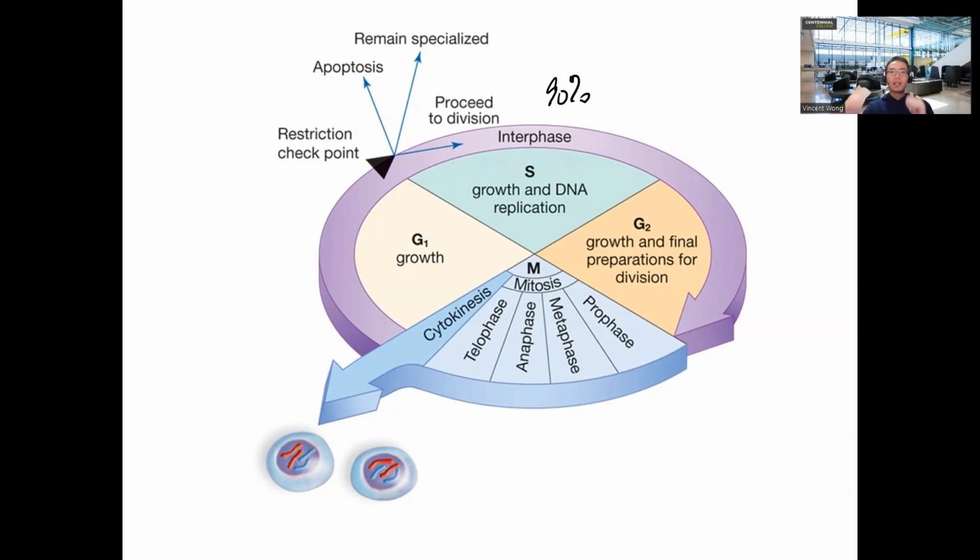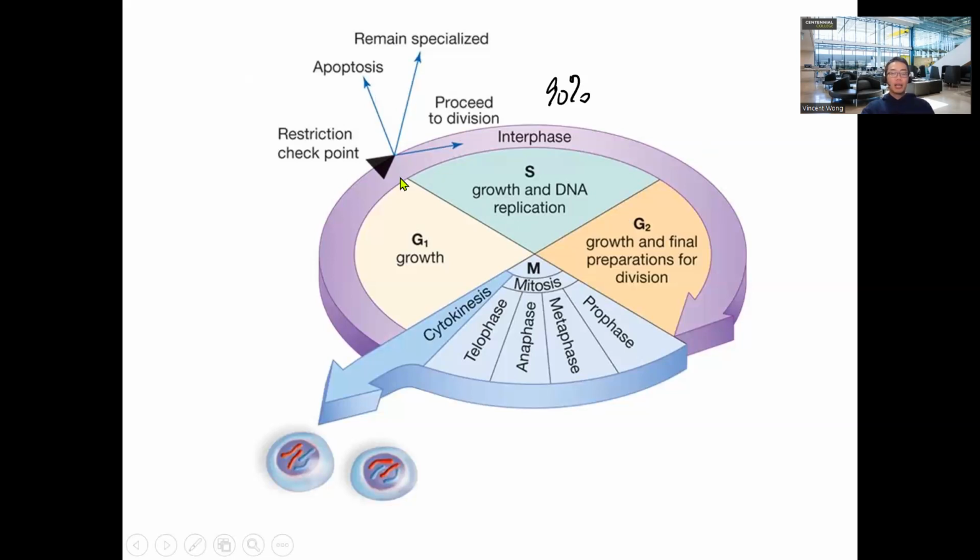So that would be something that's being checked at one of these checkpoints. Right here, between G1, which is growing, and the S phase, where the DNA is replicated, there's a checkpoint that will see if the telomere lengths are long enough. If they're not long enough, then it will not be allowed to proceed and it will enter senescence.